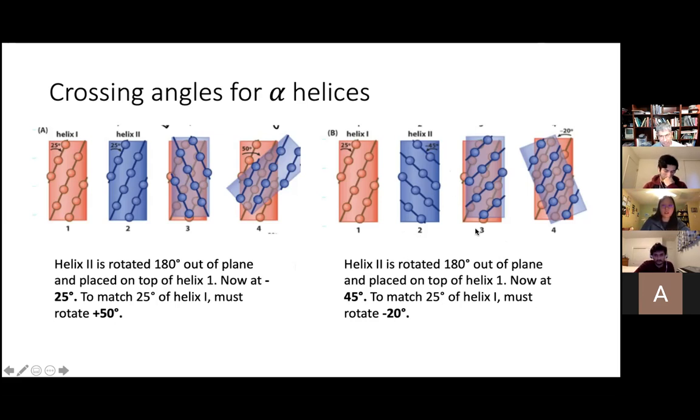So if you want to match the 25 degrees, you have to rotate it 20 degrees to the left. 45 minus 20 is 25. So yeah, hopefully that made sense. If it doesn't, I have additional practice problems that might make it clearer. But I think it helps to think through this yourself without looking at what I have written, and I think it'll become clearer.